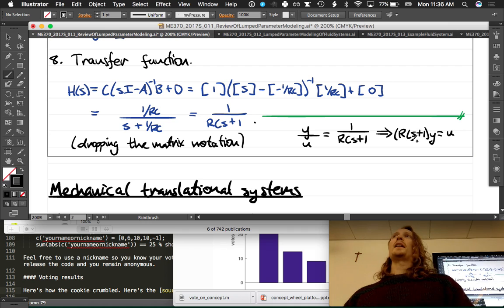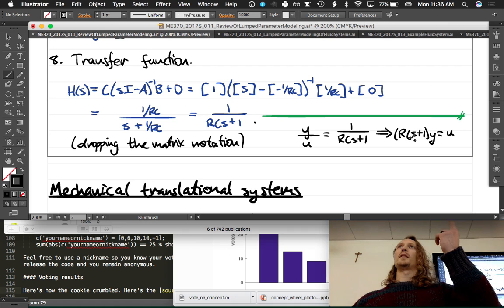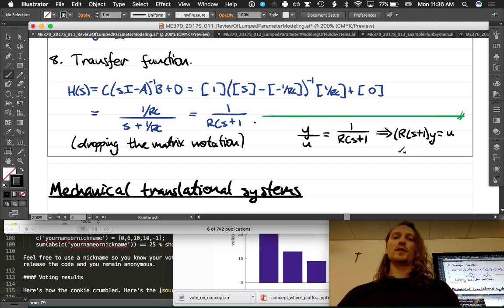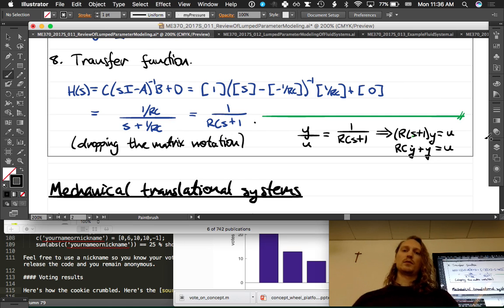Wherever we see an s, we think time derivative of y. So s squared would be second time derivative. We only have an s here, so we're going to have RC, and then I'm going to just cheat and use y dot because I don't have a lot of space, plus y equals u.